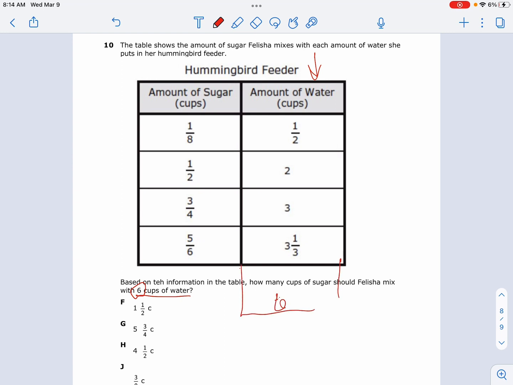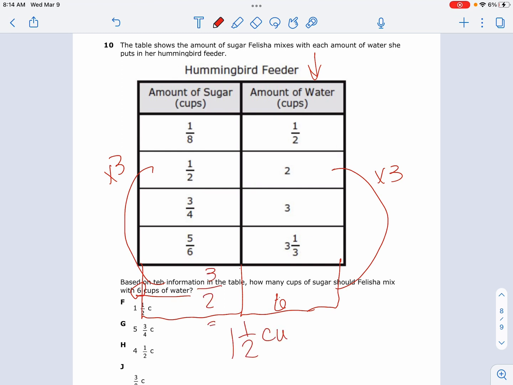That can go right here in your table. So this is going to be a ratio. So let's find a nice number that goes to 6 that I can scale. Well, I have 2 to 6. So times 3, times 3, I get 3.5, which is equivalent to 1 1/2 cups. So your answer is F.